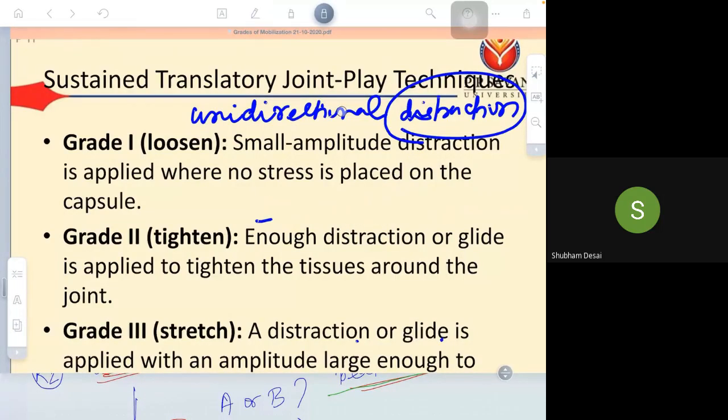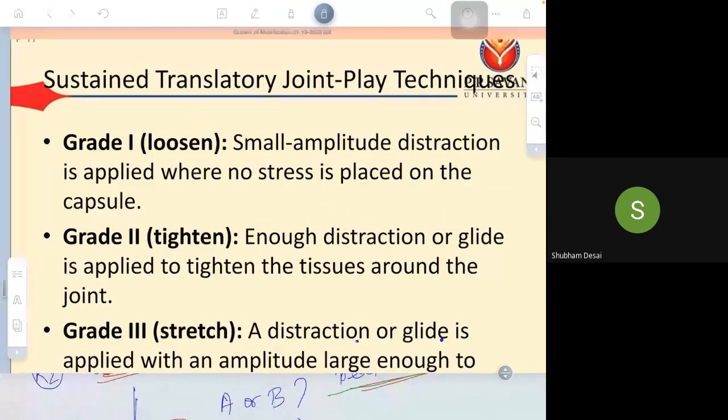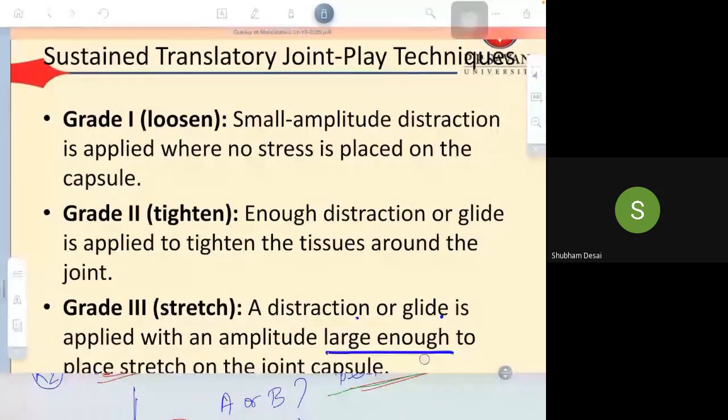So I'll conclude the lecture. There are three grades: grade 1, grade 2, grade 3. It is a unidirectional distraction. The grade depends on the intensity of distraction. If you are giving small amplitude distraction, it is called grade 1.